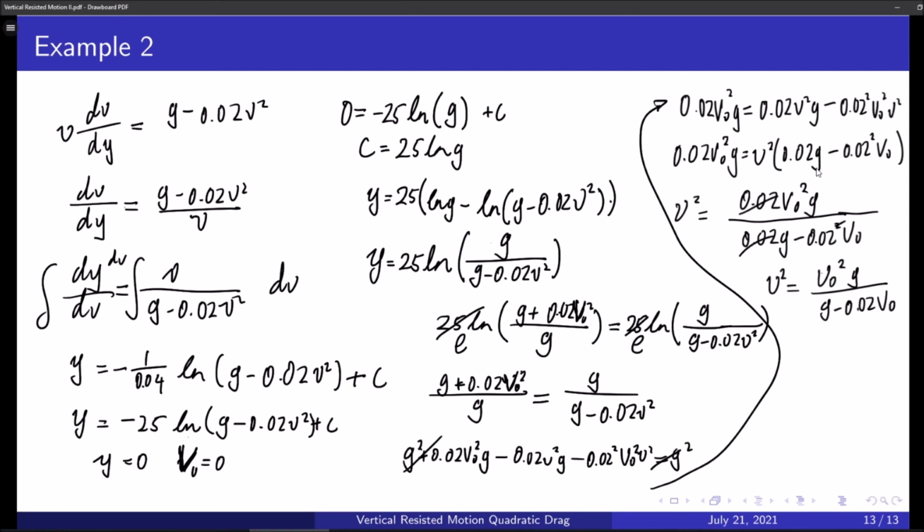Alright, so how does this help us? Well, we can now take the square root of both sides.